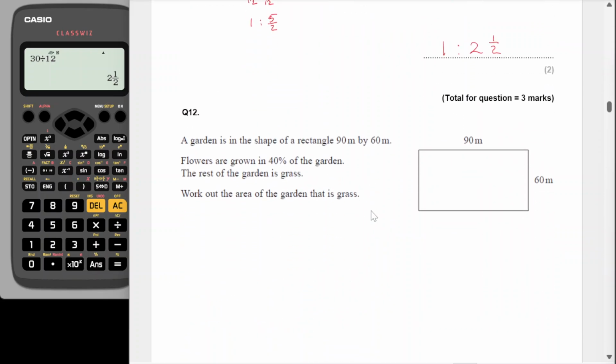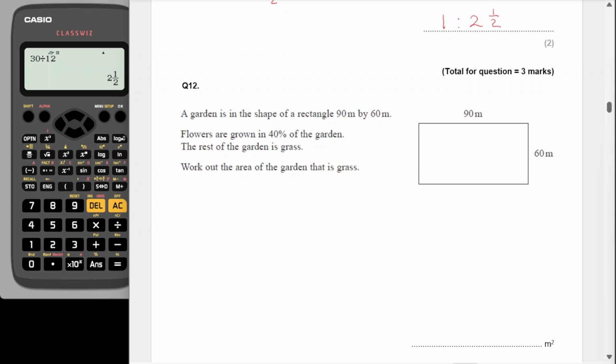Question 12. A garden is in the shape of a rectangle 90 meters by 60 meters. Flowers are grown in 40% of the garden. The rest of the garden is grass. Work out the area of the garden that is grass. So the total area of the garden would be 90 times by 60, and if 40% is flowers, 60% would be grass, so I'm going to times that by 0.6.